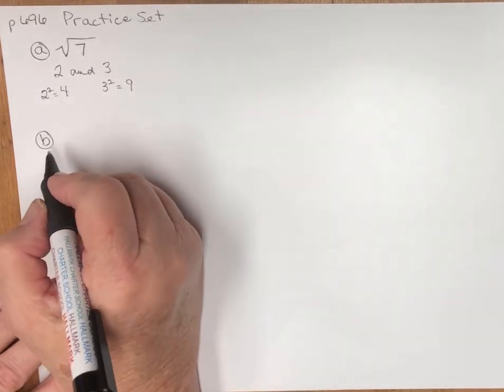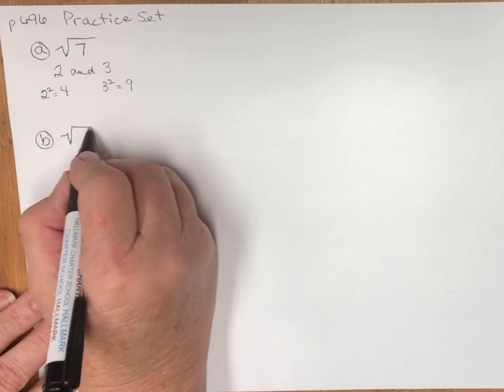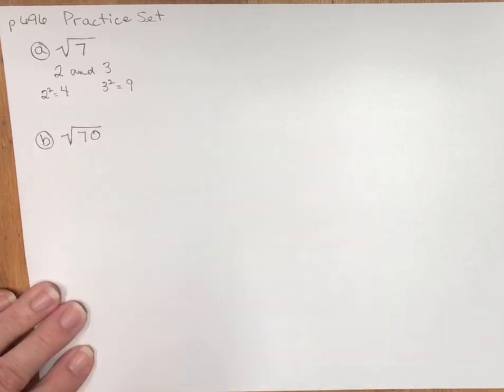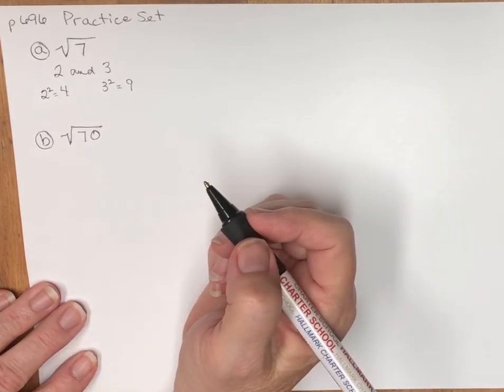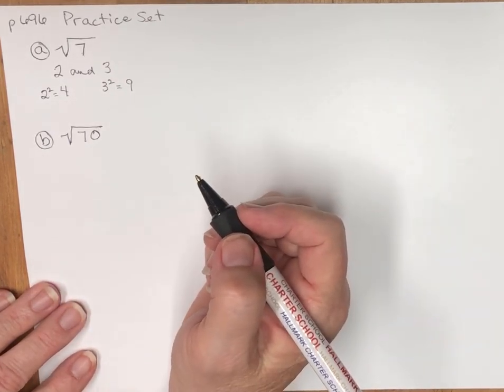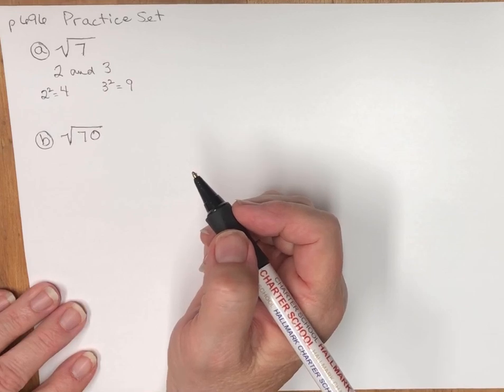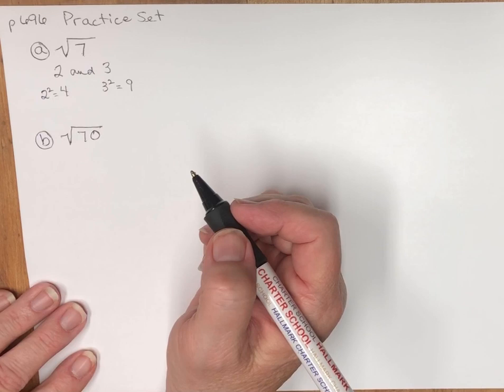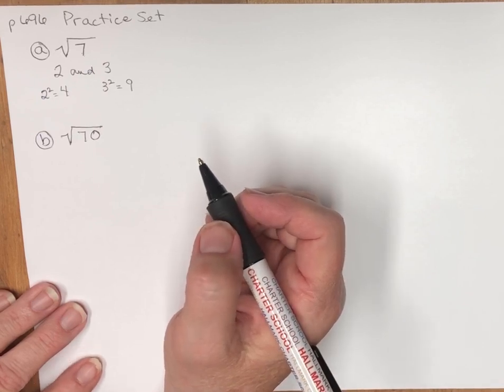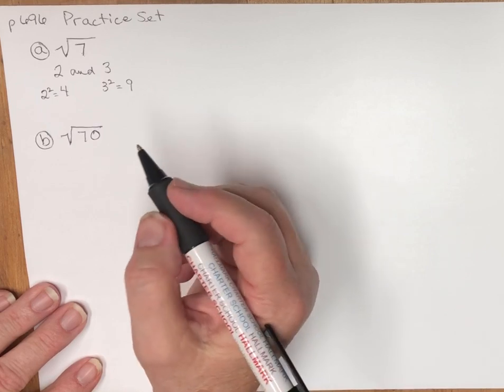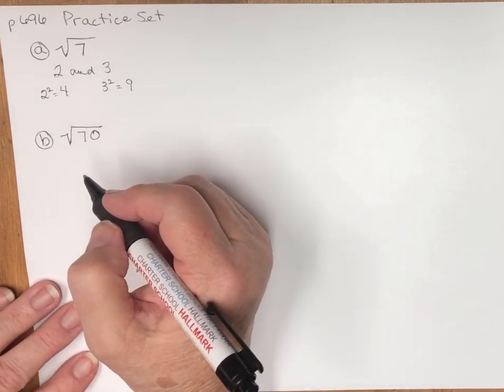Let's look at B, the square root of 70. Now this one might take us a little more time to think about. So let's say 4 squared is 16, 5 squared is 25, excuse me, made a mistake. 5 squared is 25, 6 squared is 36, 7 squared is 49, 8 squared is 64.